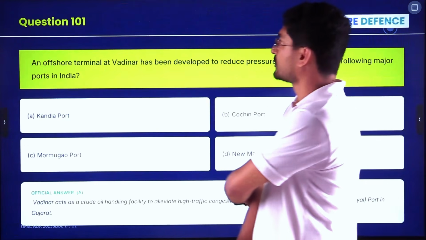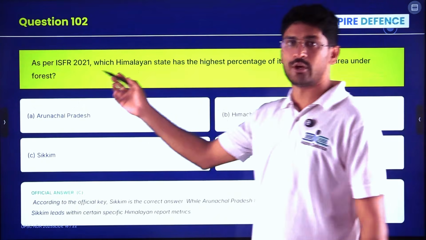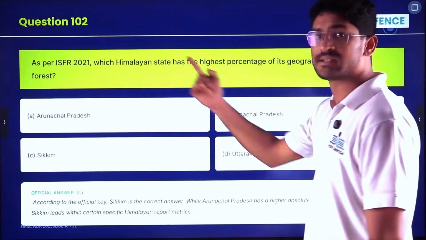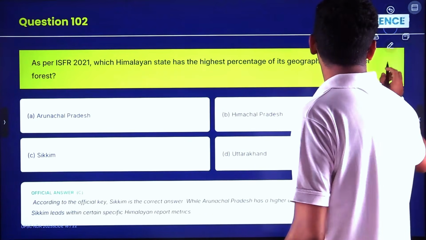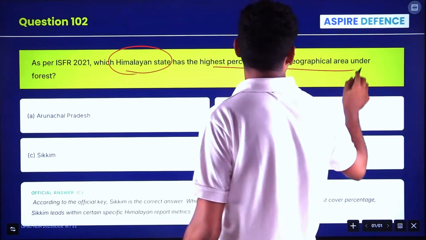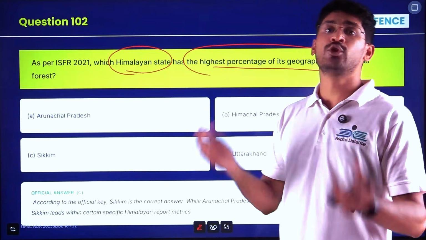We'll see the next question. As per the forest report, ISFR, the India State of Forest Report, this report is released every 2 years. So in 2021, the question has come: which Himalayan state has the highest percentage of its geographical area? He has not asked the absolute percentage.